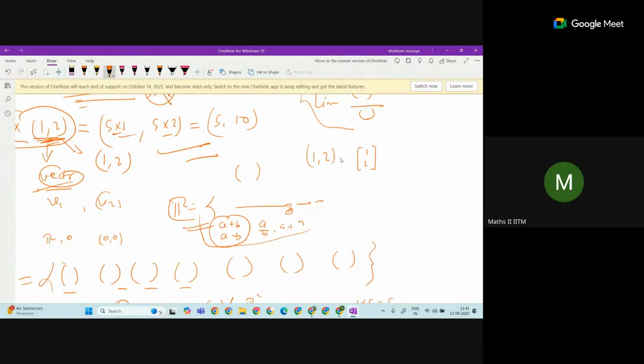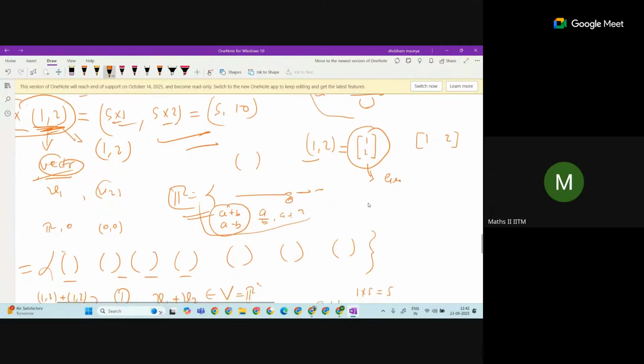Both are the same, no need to worry. 1 comma 2 or as a column, both are the same. The more standard form is either this one, or the most general is this one, which the professor follows.